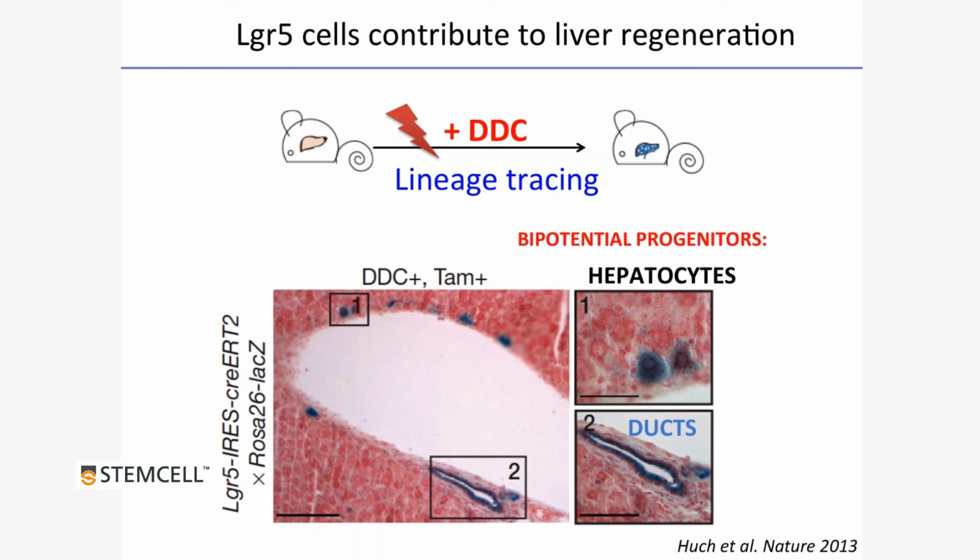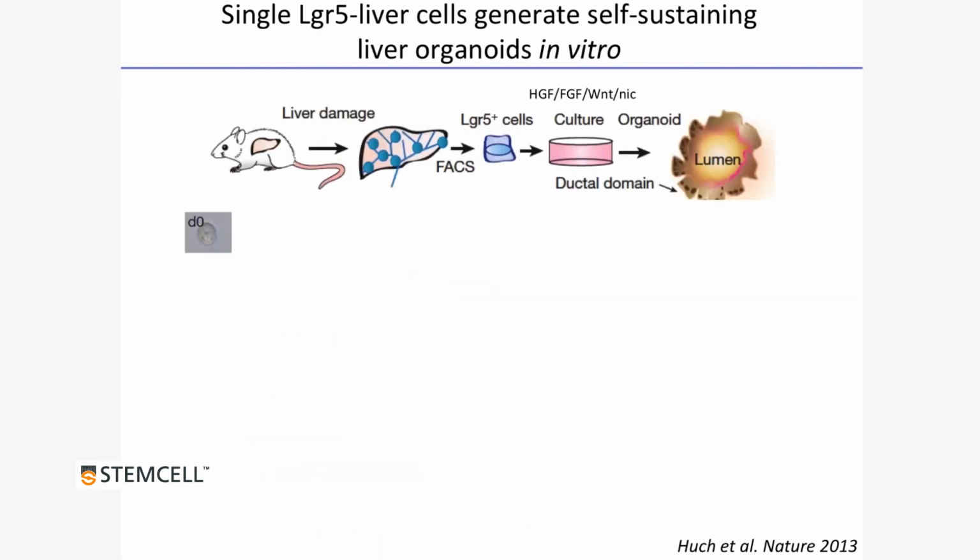What was very interesting from this experiment was that we had a marker to identify the cells that are proliferating. So I asked whether, if we isolate these LGR5 positive cells, we can grow them in culture. Can we keep the proliferation status they have in vivo during the regenerative response in vitro in culture?